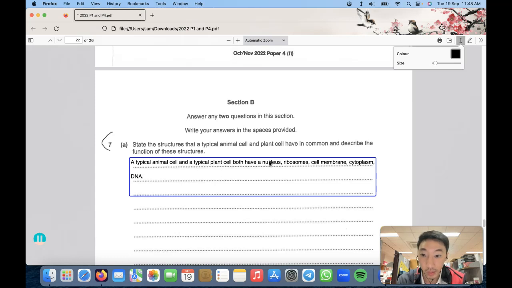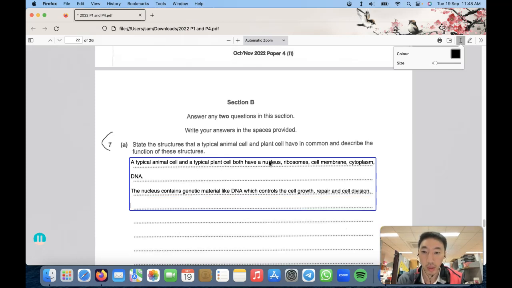So function of the nucleus. The nucleus contains genetic material like DNA, which controls the cell growth, repair, and cell division. Then we have the ribosomes.